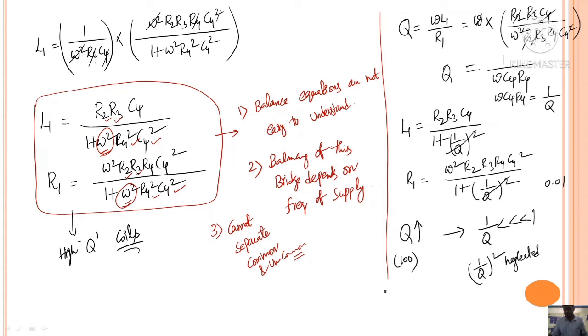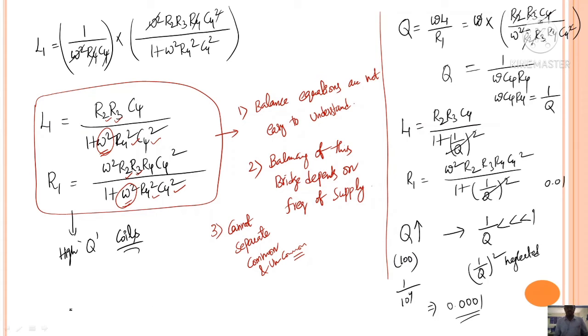What about 1 by Q square? 1 by Q square is 1 by 10 power 4, which is 0.0001. This is a very small value, so we can neglect it. As we are neglecting this value, the balancing equations are getting simple. When the balancing equations are simple, it is very easy to obtain the balance condition.